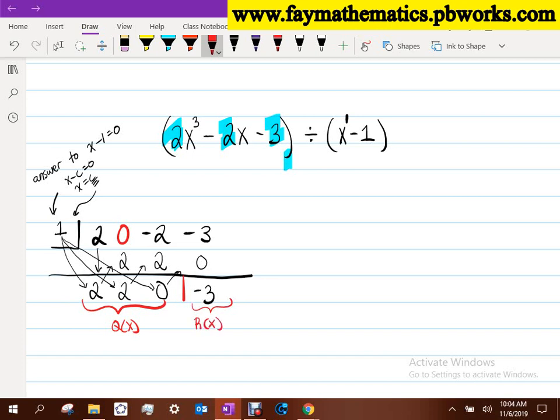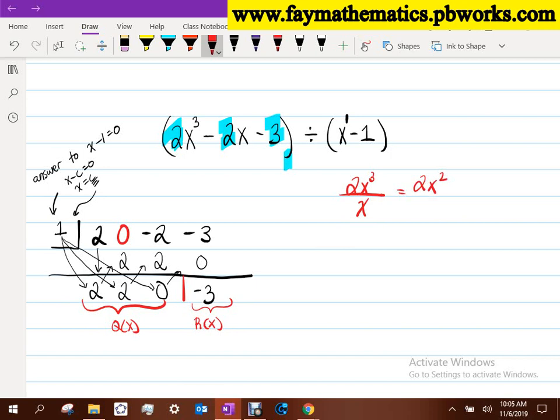Okay? Now, here's where at the beginning of the problem I said we lose some detail. And we have to be aware of that so when we're done, we know what this stuff here means to us. We took an x cubed. So let's just take 2x cubed, and we divide it by x minus 1, or x to the first, right? If you divide x cubed by x, what's that turn into? 2x squared, right?